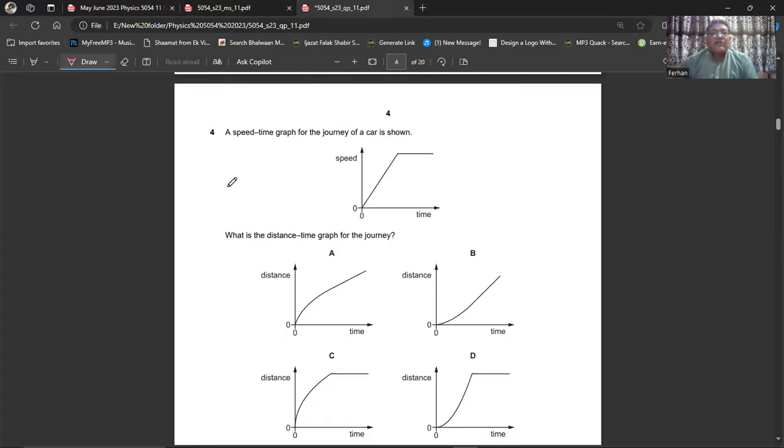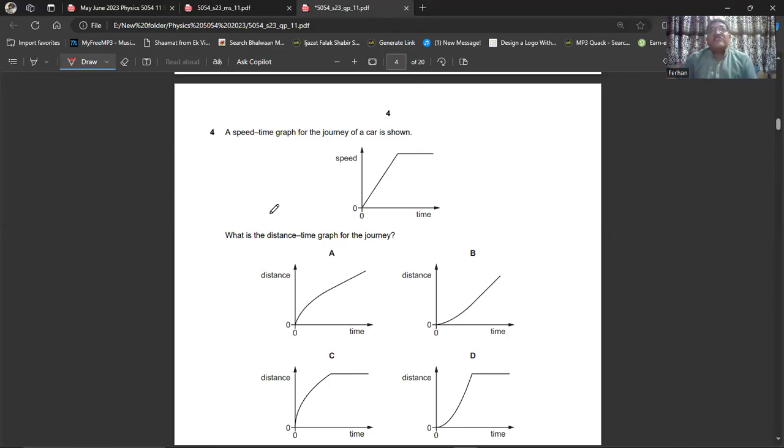So here we have question number 4. A speed time graph for the journey of a car is shown. Here you can see the speed is increasing, and here the speed is constant. So what is the distance time graph for the journey? On the distance time graph, when the speed is increasing, it should be represented with a curve whose gradient is gradually increasing.